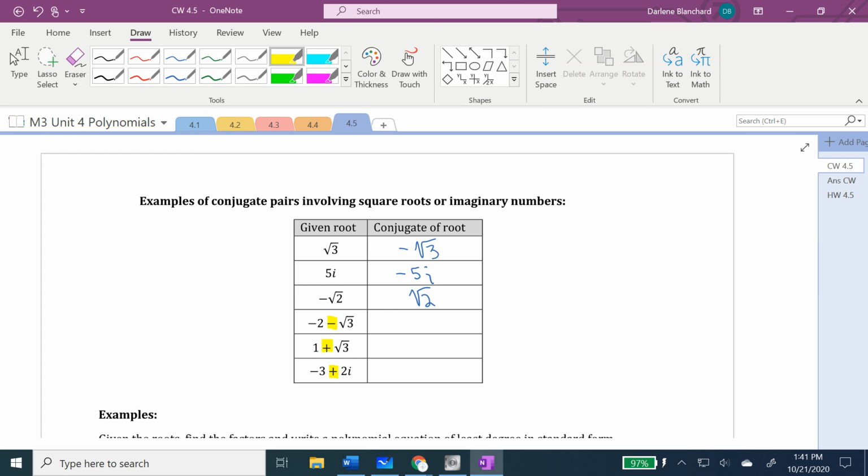That particular sign has to change to its opposite sign, and other than that, you write everything the same. So negative 2 plus root 3 is the conjugate of that irrational number. 1 minus root 3 is the conjugate of 1 plus root 3. Negative 3 minus 2i is the conjugate of negative 3 plus 2i.